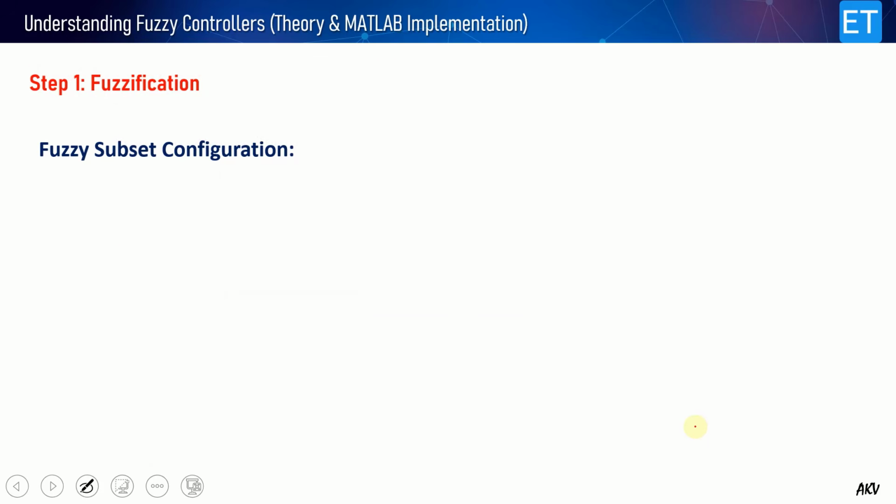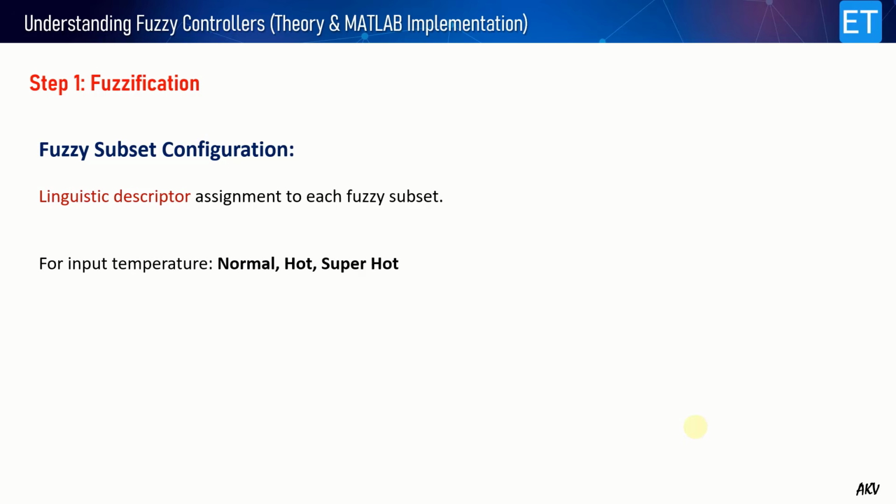Now the first step is fuzzification. We have to define the fuzzy subsets. We first define the linguistic descriptors for each fuzzy subset. We have two inputs, temperature and pressure, so we will define the linguistic descriptors for both. For temperature, we have taken three descriptors: normal, hot, and super hot.